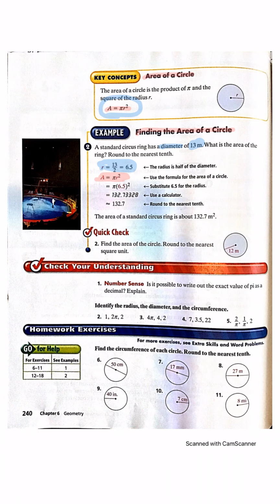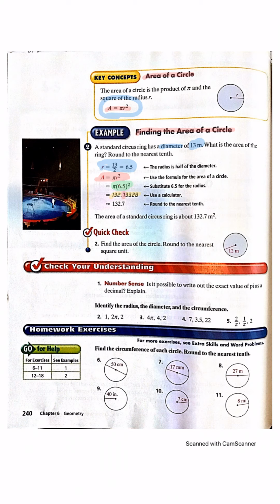If you have a calculator that does square, you're welcome to use it. Otherwise, all you're doing is 6.5 times 6.5. And then you're multiplying that by pi, 3.14. On the calculator, this is the number that it gives you, and we want to round to the nearest tenth.